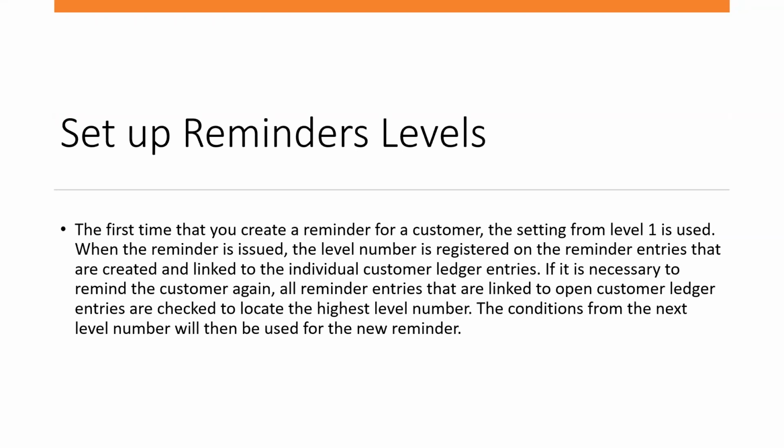And all reminder entries that are linked to the open customer ledger entries are checked to locate the highest level number. So Business Central is going to start reviewing how many times you have sent a reminder until you reach the 6th level, right? So if you have a customer that after the 6th reminder doesn't pay you, you might consider a collection service or something like that.